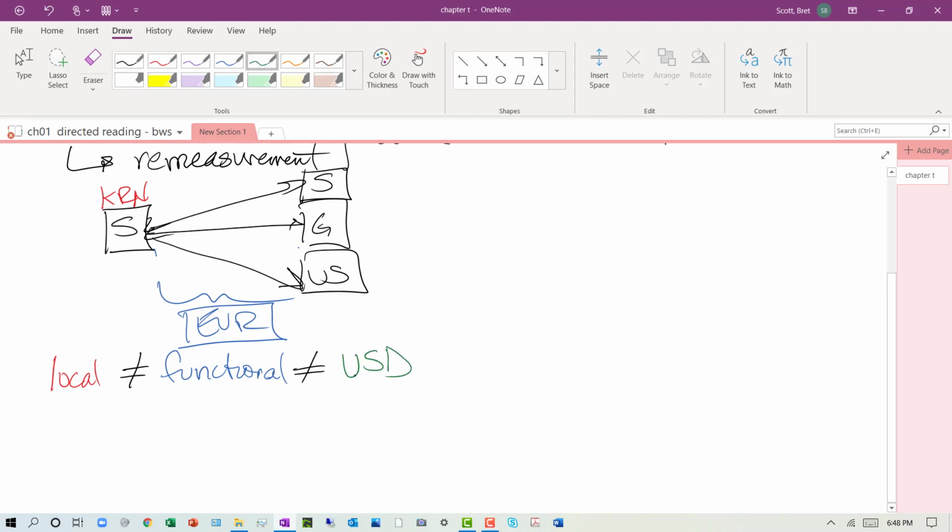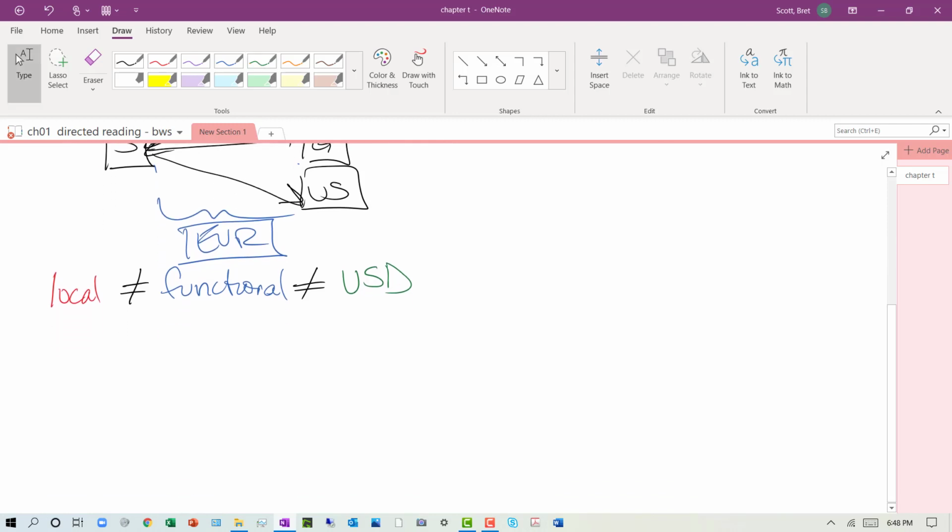So what would we have to do? Well, we have to do two things. The local currency, whatever the subsidiary uses, if it's kronas, first must be remeasured from kronas to euros, and then it must be translated.